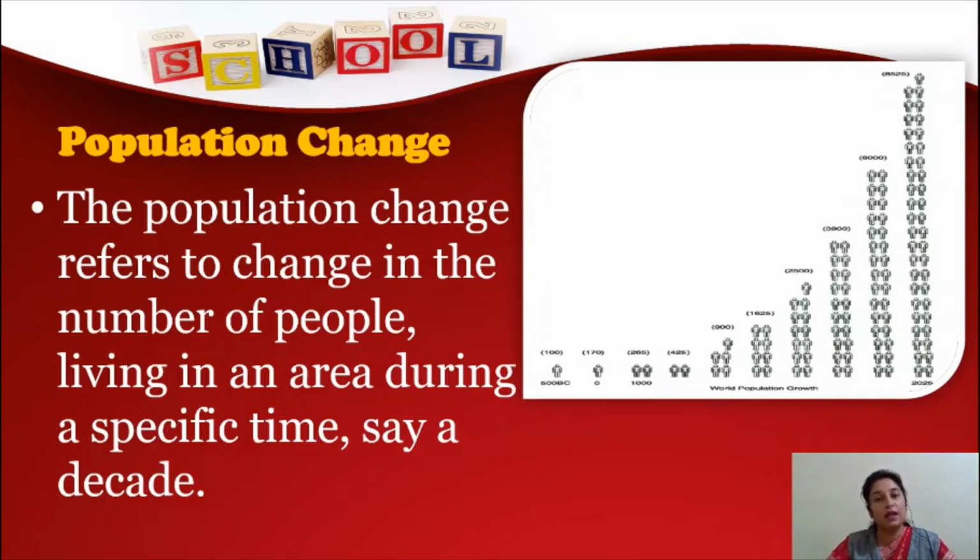Now, in those times, all the people did not have access to proper health facilities. There was shortage of food, plus there was lack of basic amenities. Hence, the growth of the population was very slow.